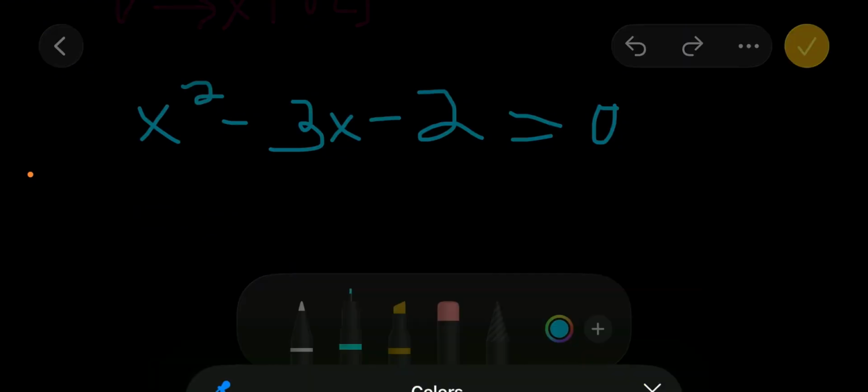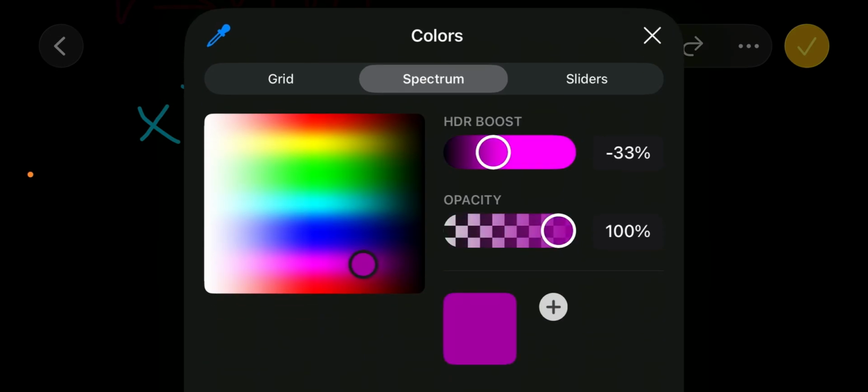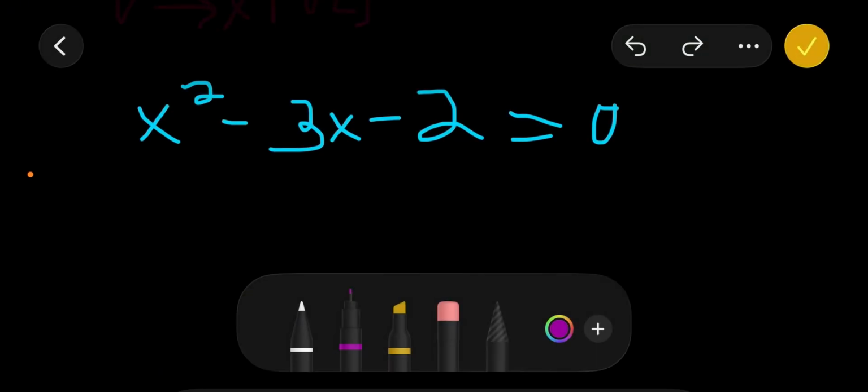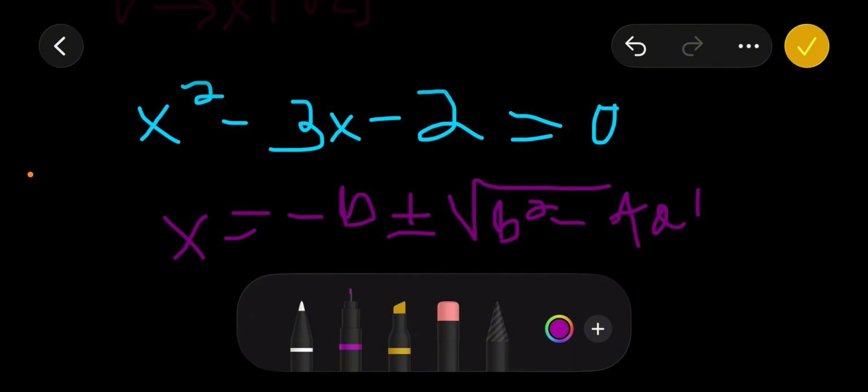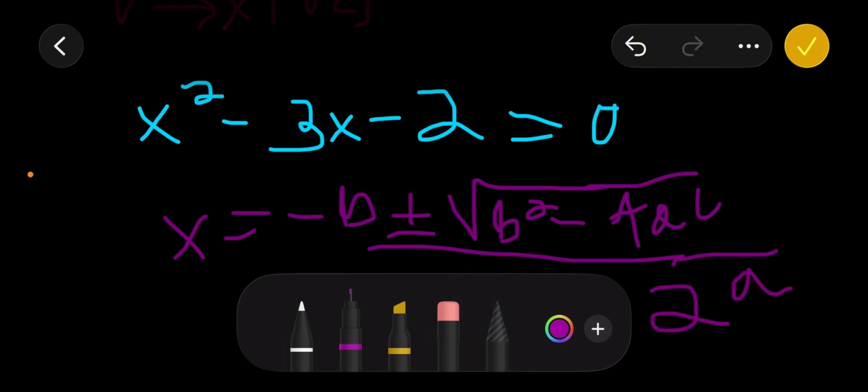The quadratic formula goes like x equals negative b plus or minus the square root of b squared minus 4 times a times c, all divided by 2a.